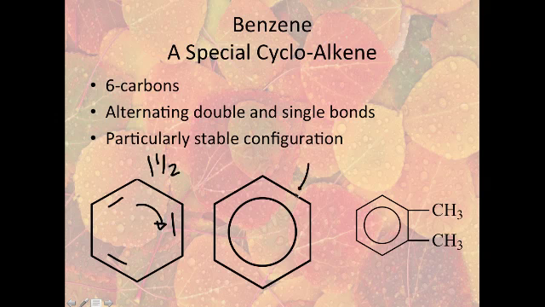And so it's drawn this way with this circle to indicate that the double bond is transitioning from one location to the next all the way around the molecule, and every bond has, instead of a single or a double bond, it really has 1.5 bond order. So we call this one benzene.